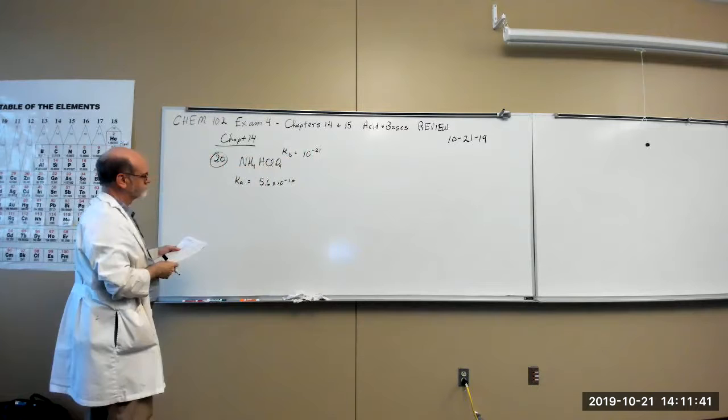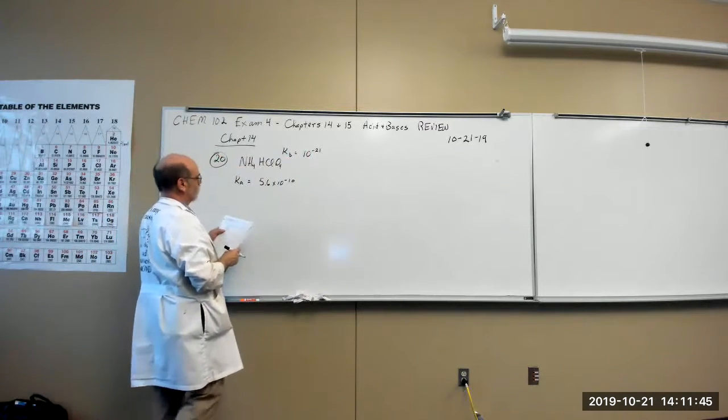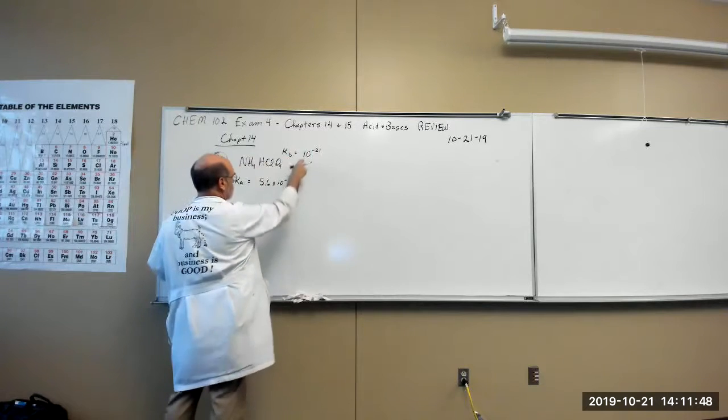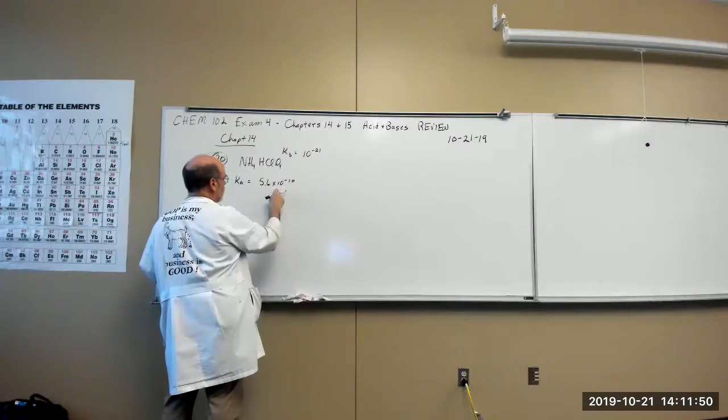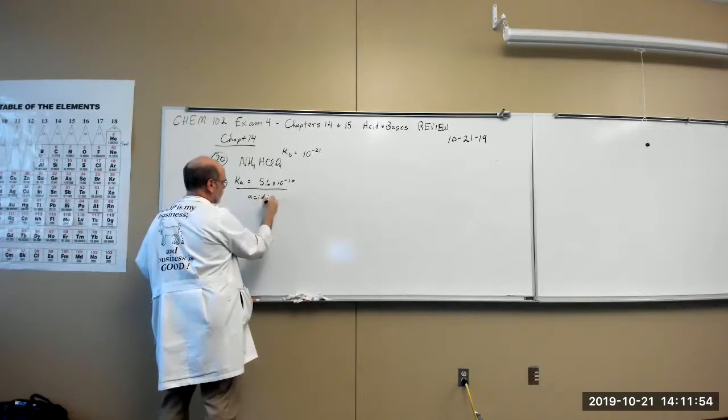Okay? So, which one wins? Kb is a lot smaller than the Ka, so the Ka wins and makes this an acidic solution.